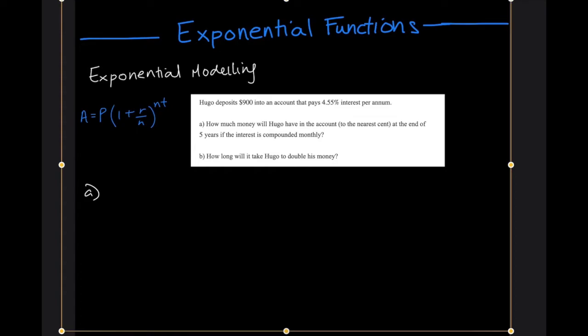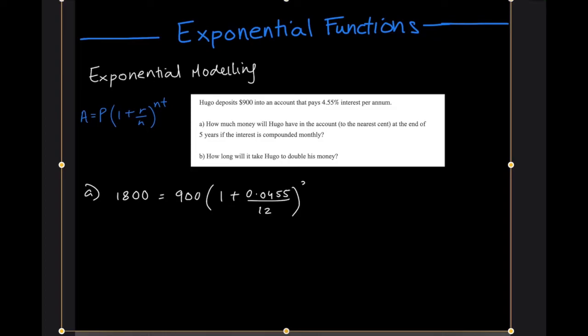What we know is the end result, which is A, needs to be 1800. The principal amount was still 900. The rate of interest still stays the same, and so does the number of times that it's compounded. But we need to find x, which is the time it takes for it to reach 1800.